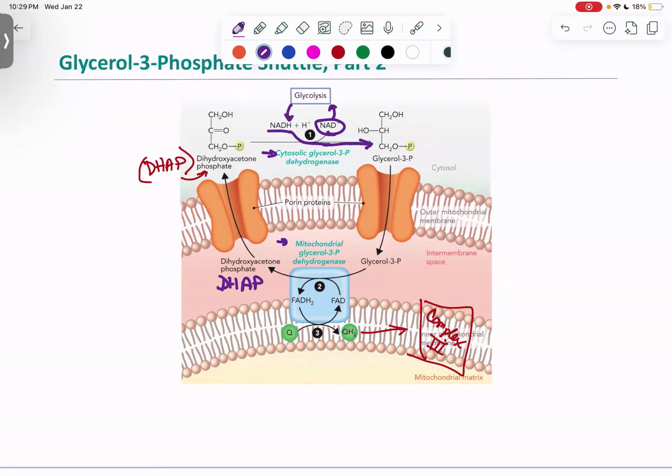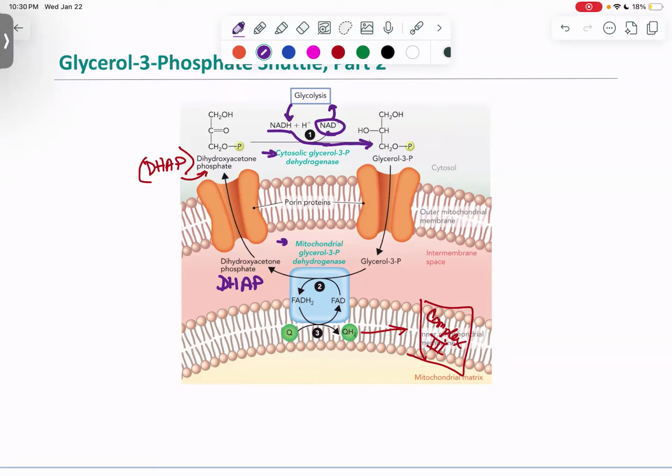We remember this from glycolysis. This is our glycolytic intermediate, right? This is reaction 5, where we took fructose 1,6-bisphosphate with our aldolase, and we made dihydroxyacetone phosphate. Go back and review your glycolysis, because things are so interconnected, right?